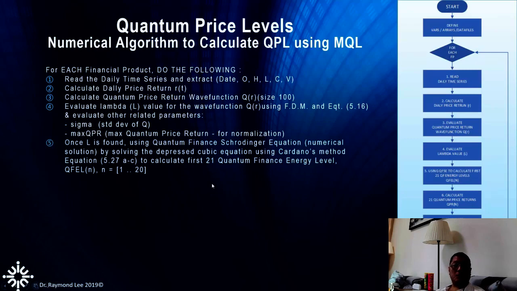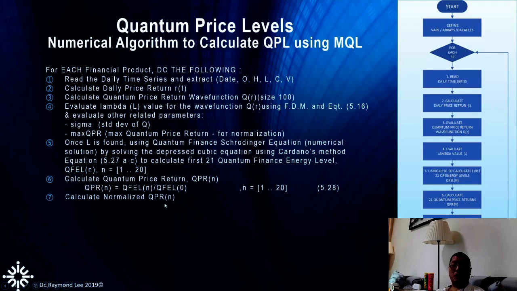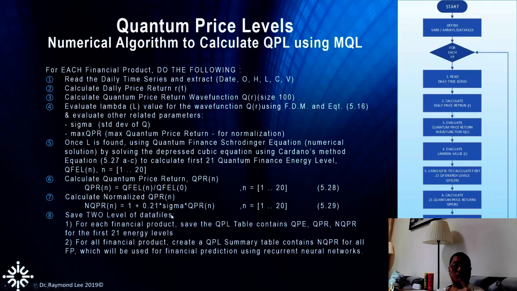Once the L is found, use the quantum financial equations to calculate all the lambda values, and also calculate the price return based on this. Once you have this, your price return is something like this, and then you calculate the normalized QPL. After that, you normalize it using the normalization method, and then you save two levels of data file.